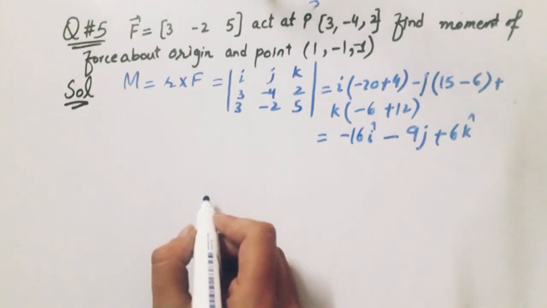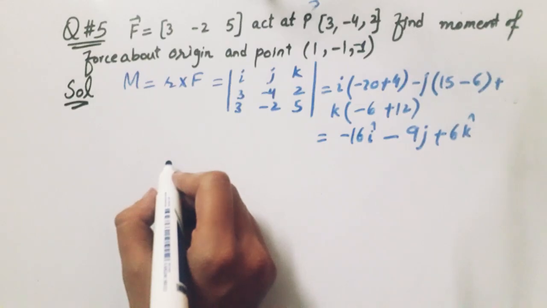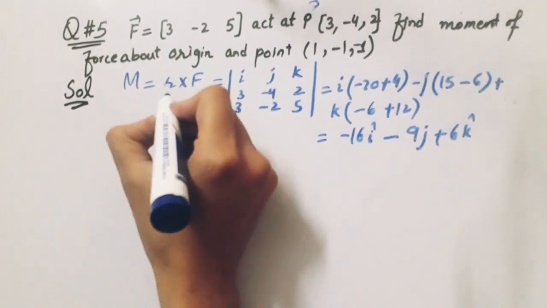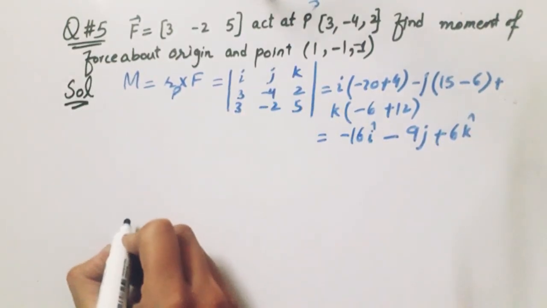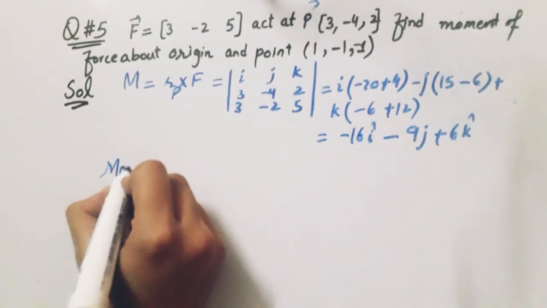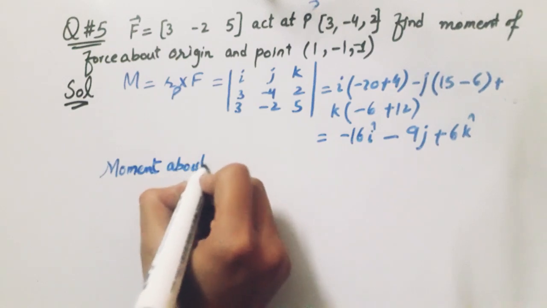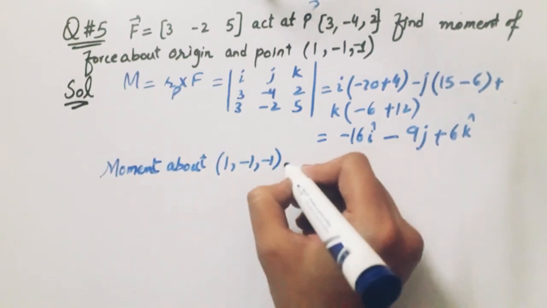So before finding this point, you know that r is a position vector from 1, minus 1 and minus 1. Since this rp is already given, you will write the moment about 1, minus 1 and minus 1.